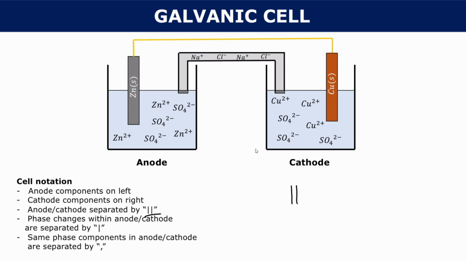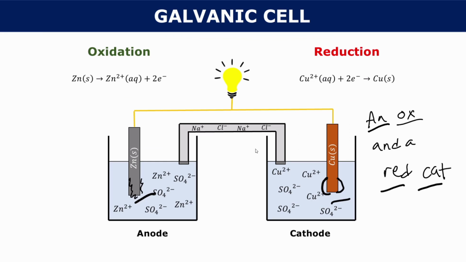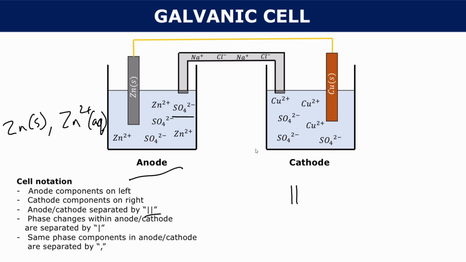So remember, our anode is going to have the zinc solid, and it's also going to have the zinc 2 plus aqueous. We're not going to include the sulfate ion because, frankly, it's really not important. If you look at the half reactions or the entire full redox reaction, the sulfate really is not important. The only thing important are those ions and the solid.